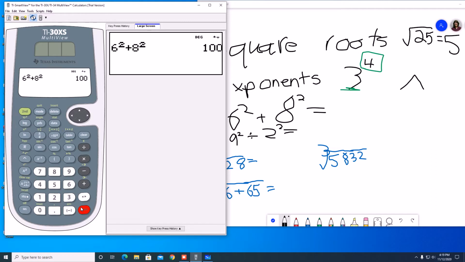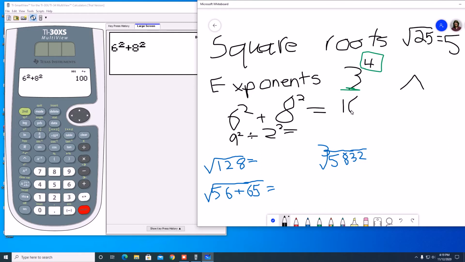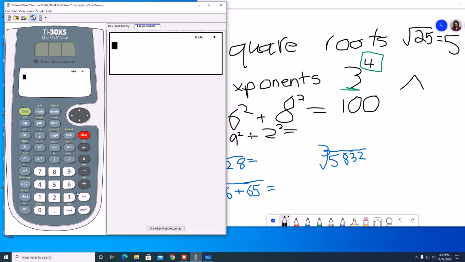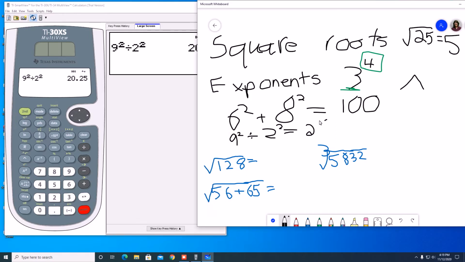And so when I put these into my calculator, I get 100. And it's the same thing if we wanted to divide. So I have 9 squared, or 9 exponent 2, divided by 2 squared, and that gives me 20.25. And so that is what I do with exponents.